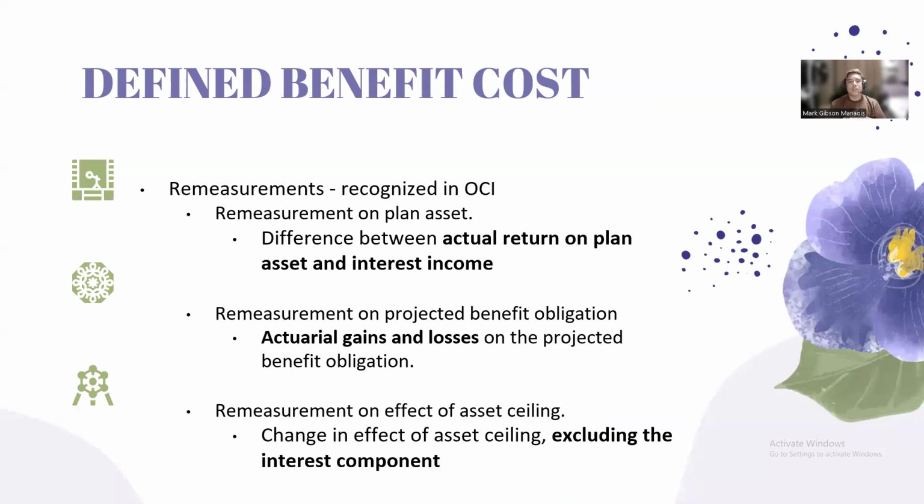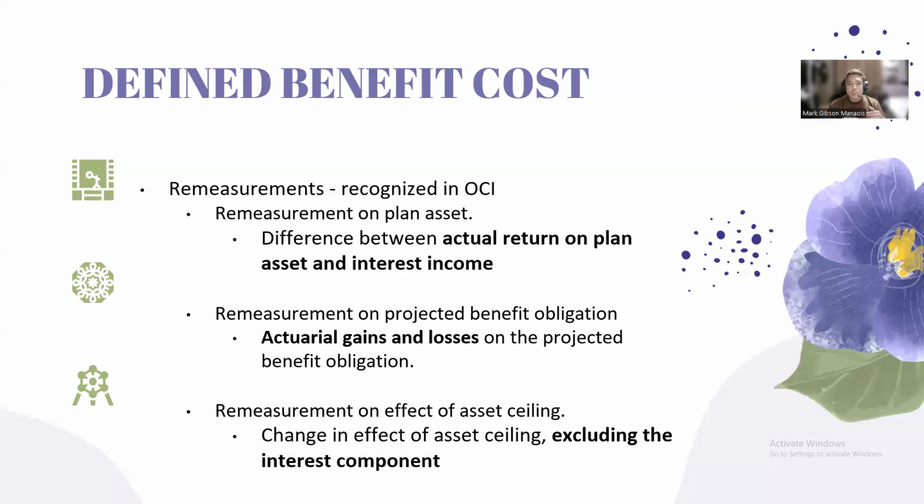So remeasurements. Whenever there are remeasurements, we recognize it in the other comprehensive income. So remeasurement on plan asset: the difference between the actual return on plan asset and the interest income. Again, any difference between the actual return on plan assets and interest income, we recognize it in the OCI.